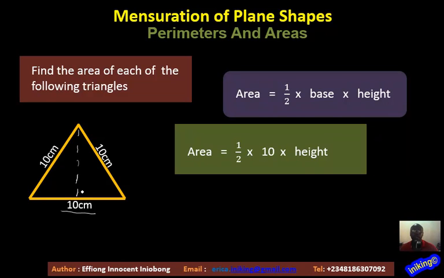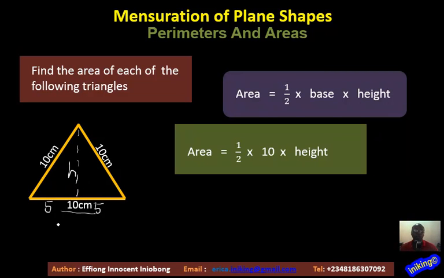There. That's the height. And since this is an equilateral triangle, which is of course symmetrical, drawing this line this way will divide this base into two parts, 5 centimeters and 5 centimeters. I can therefore employ Pythagoras' theorem to get my h.